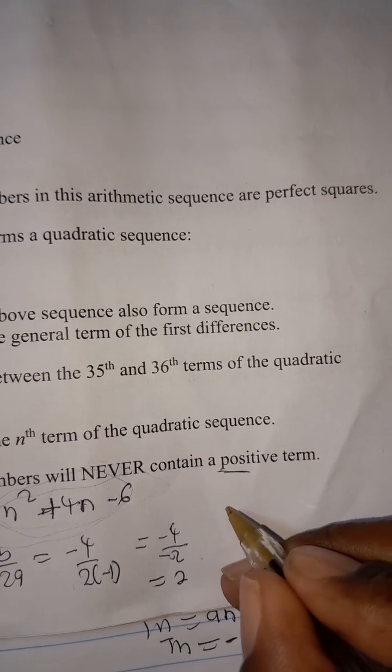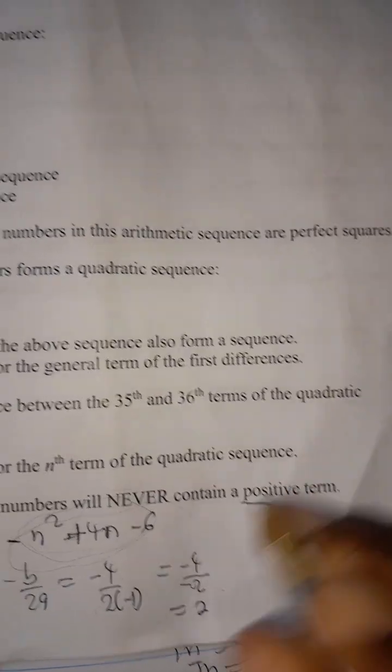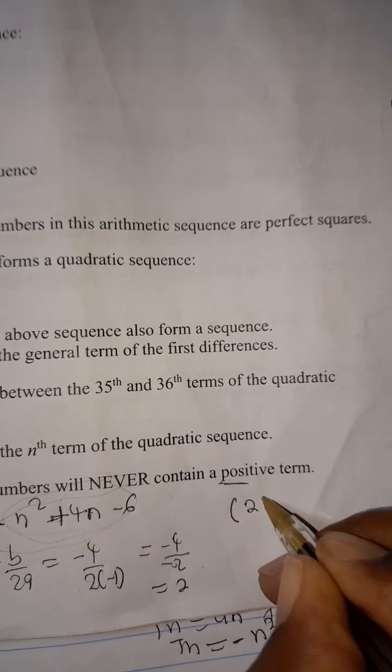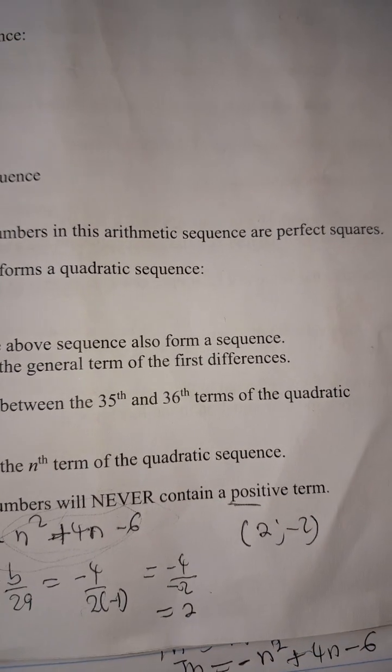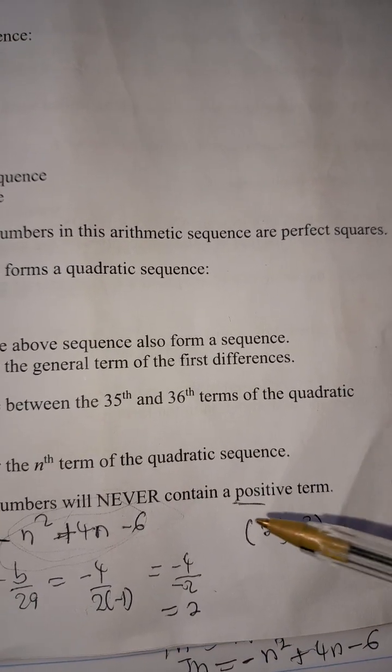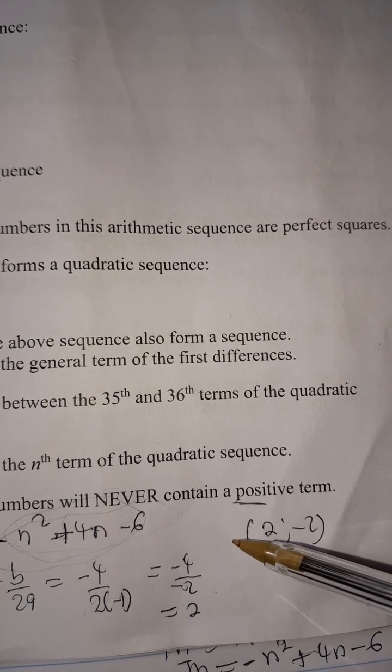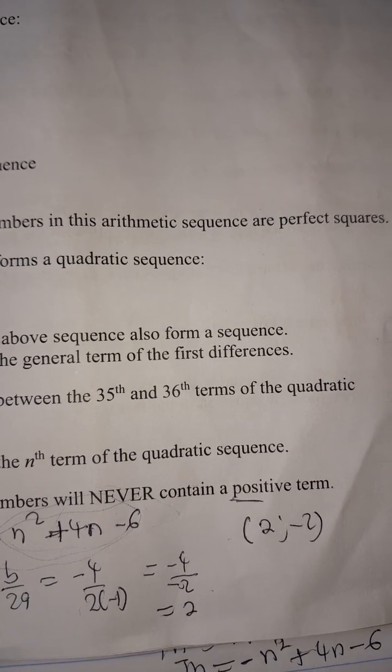If you substitute positive 2, you get negative 2. So we have the point 2 and negative 2. That tells you that your turning point will be at a maximum.